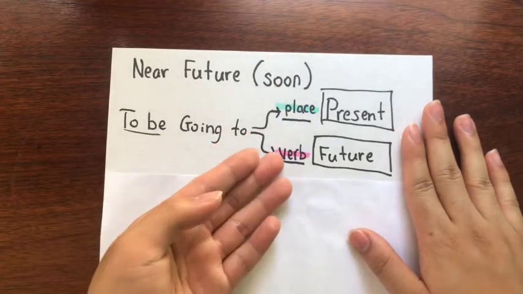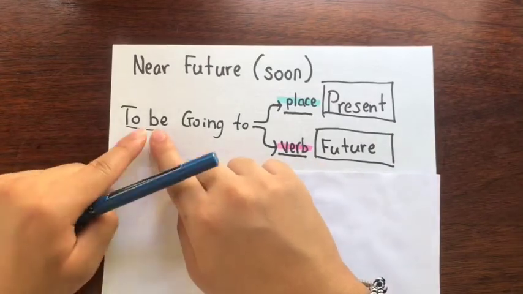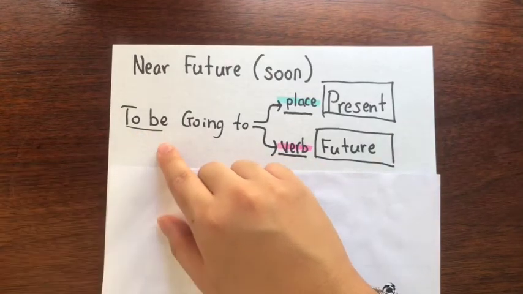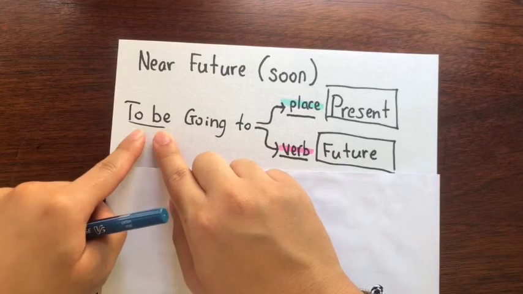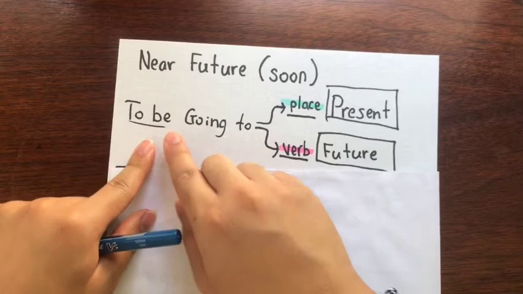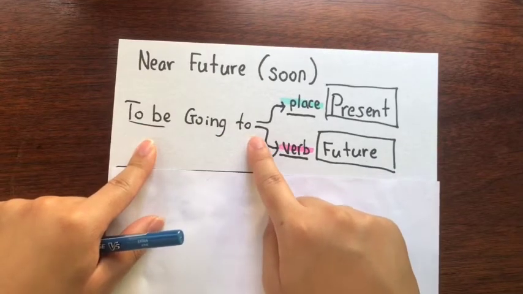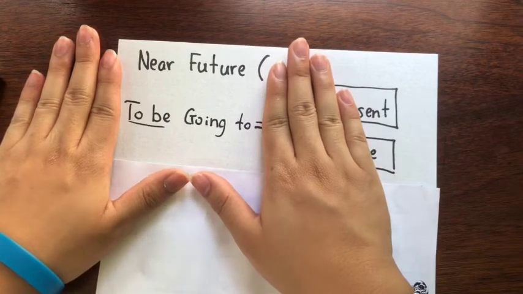I am going to do something. But we use to be here. So we say I am, you are, he is, she is, it is, we are, they are going to. So that's the expression, to be going to.